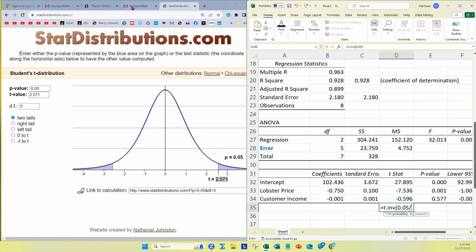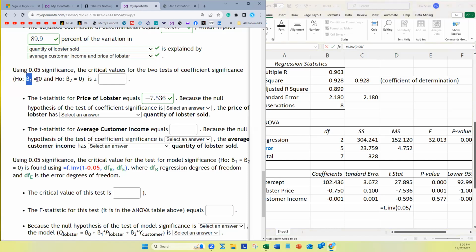And it's a two-tailed test, because the alternative hypothesis is beta 1 is less than 0 or greater than 0. Another way to say it is beta 1 is not equal to 0, right?